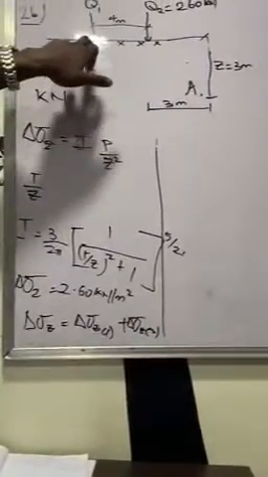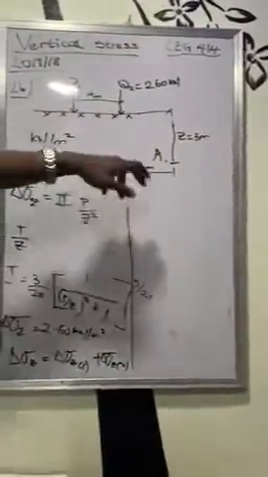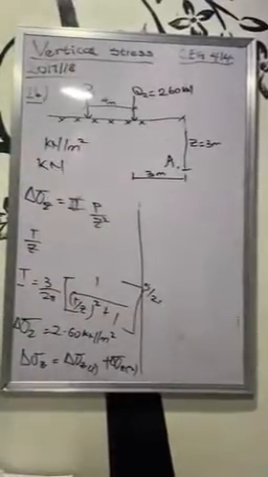So just add the vertical stresses caused by each to get the total vertical stress.